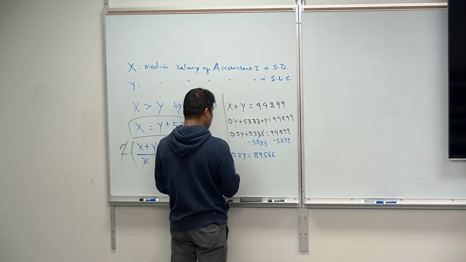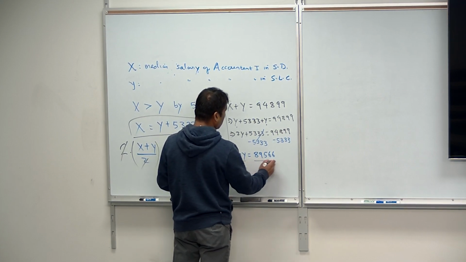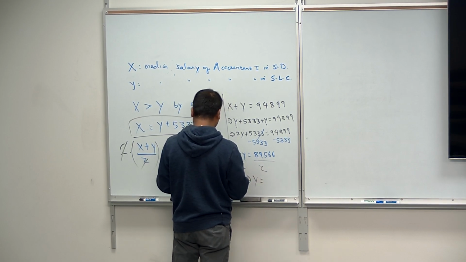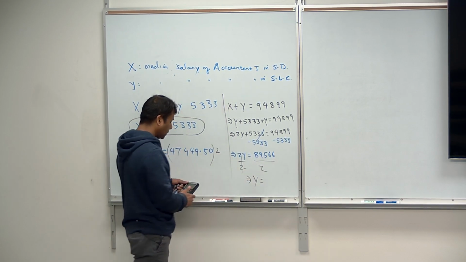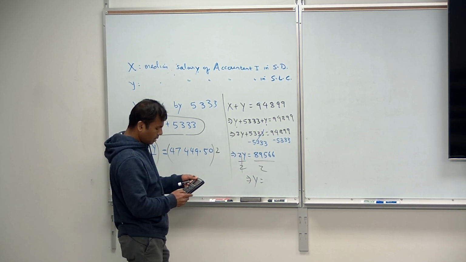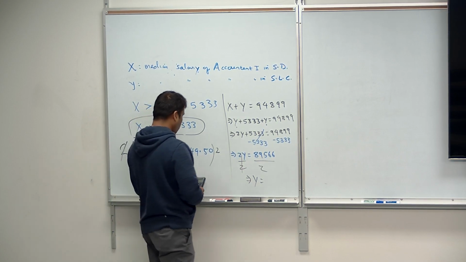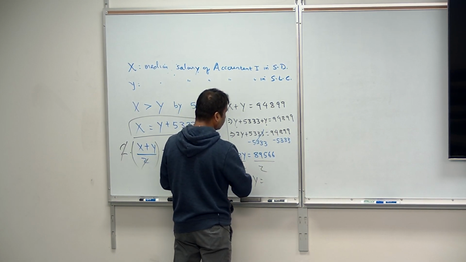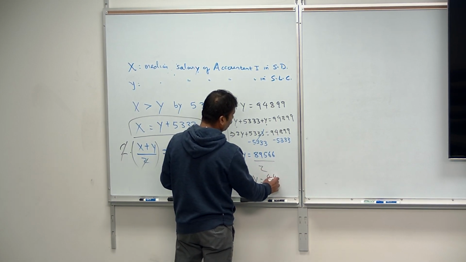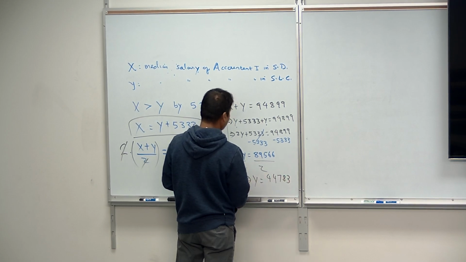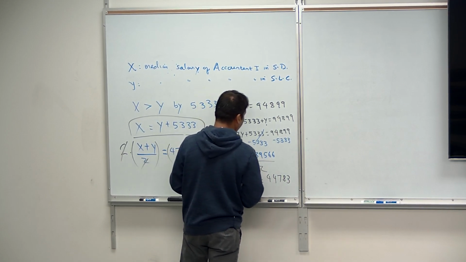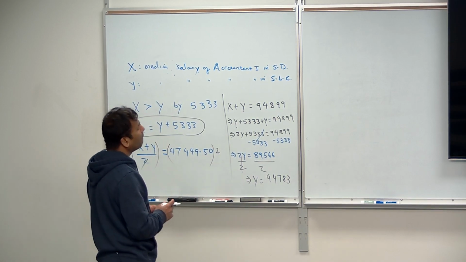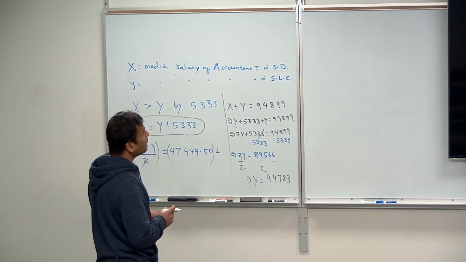You divide by 2. So Y is going to be 89566 divided by 2. So 44783. Is that right?